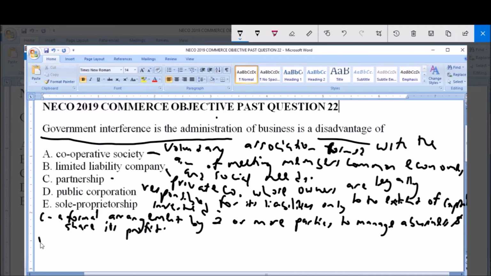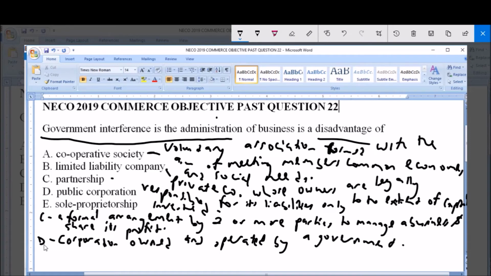Option D, which is a public corporation, is a corporation or business owned and operated by a government.